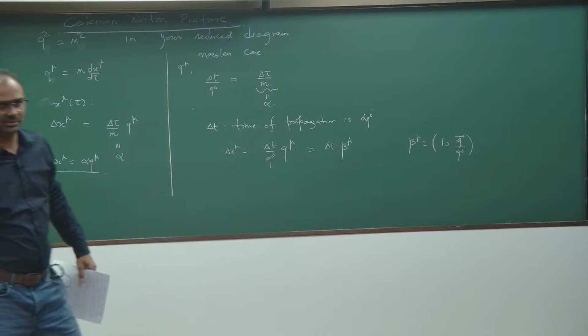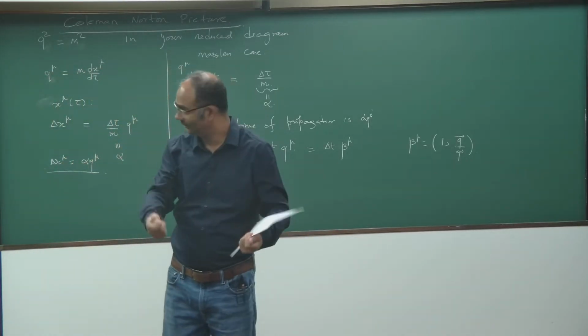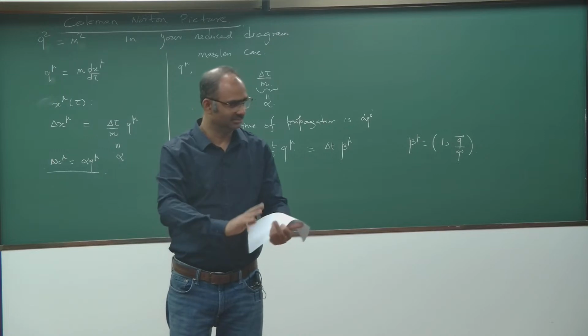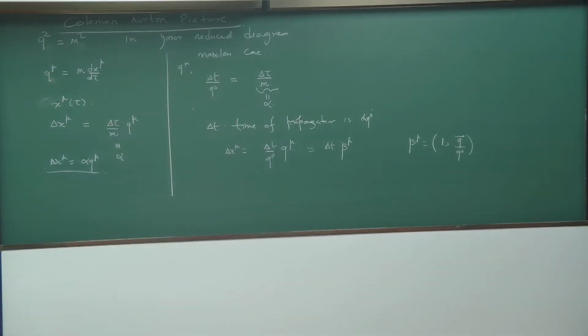But if you are not so comfortable with this, think of a 2-point function at some loop order. That is as good. Okay, so I want to see under what conditions the Coleman-Norton picture will be satisfied, right?